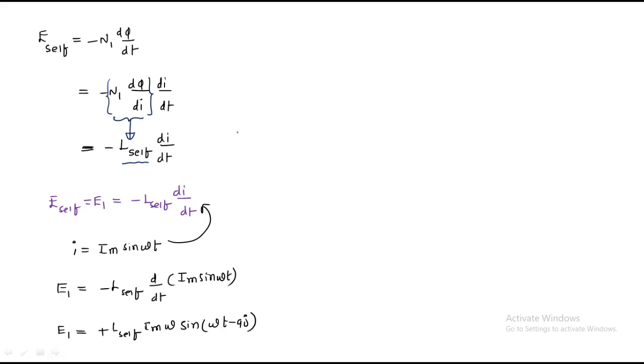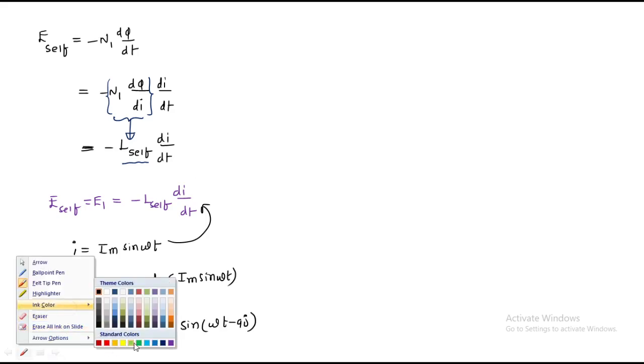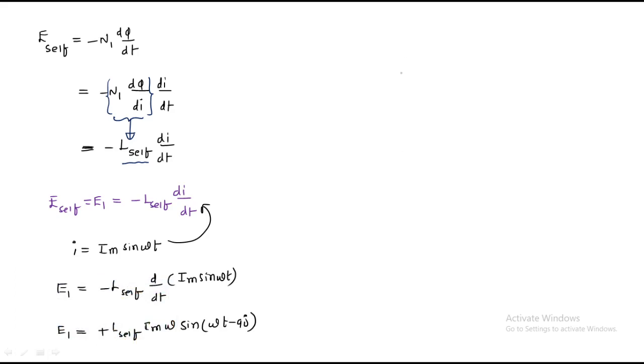So from this, what is the statement? E1 lags current by 90 degrees, right? Angle between E1 and current, which is equal to 90 degrees.